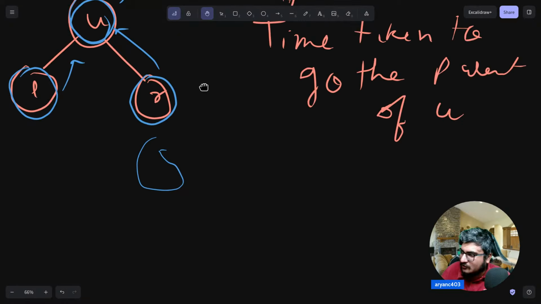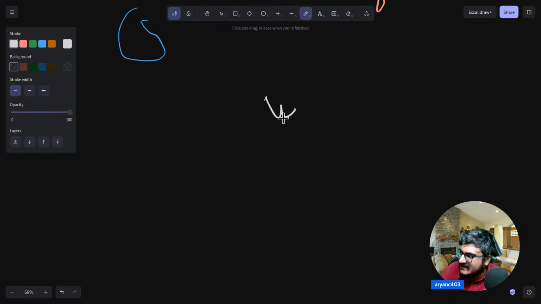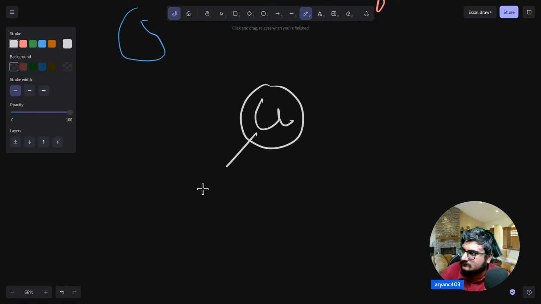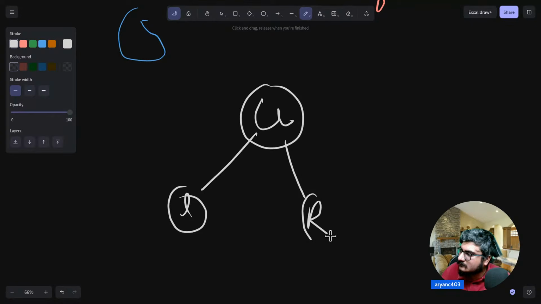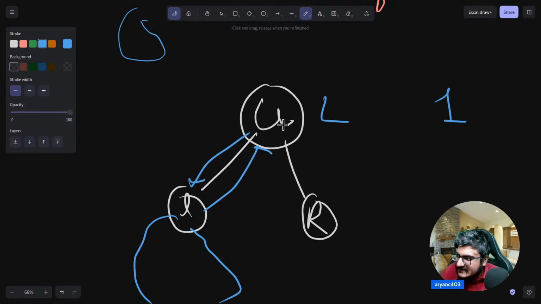And if you closely observe what is happening at U, you were initially at U, nothing was written on it. You took 1 second to write L here and go to the left child. Then you will do something here, and in DL seconds, you will go back to the parent.